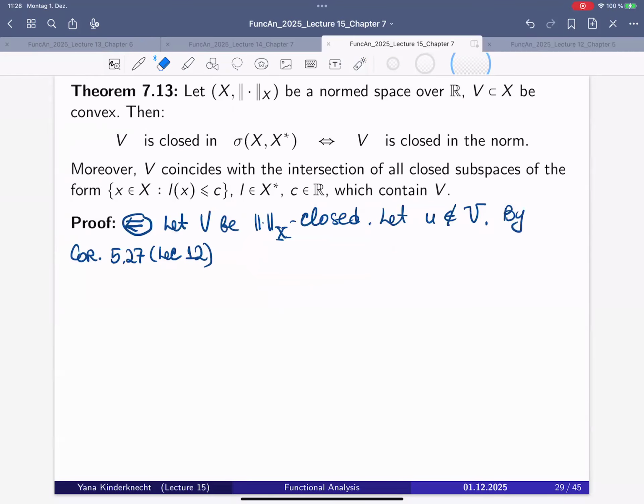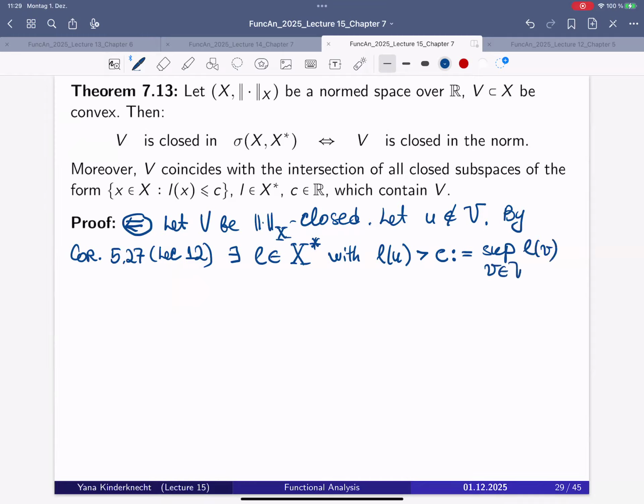So by this corollary, there exists a non-trivial linear functional L from X star which satisfies the following condition: L of U is bigger than the constant C, which is exactly the supremum of L of V over all V from this set V. So V is norm closed.